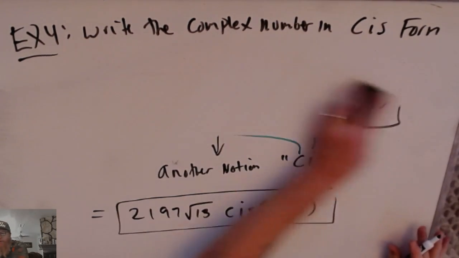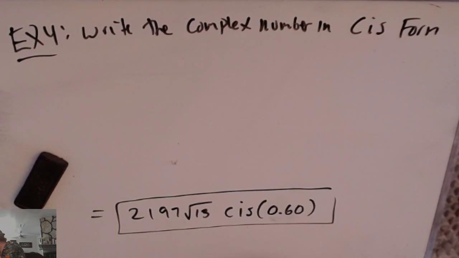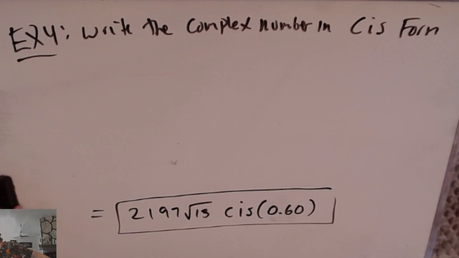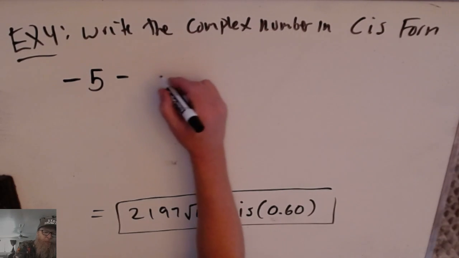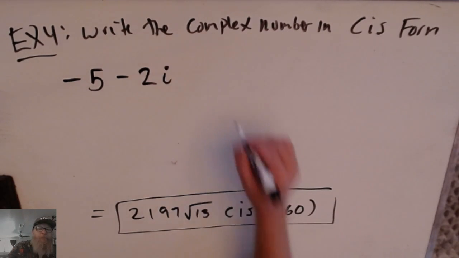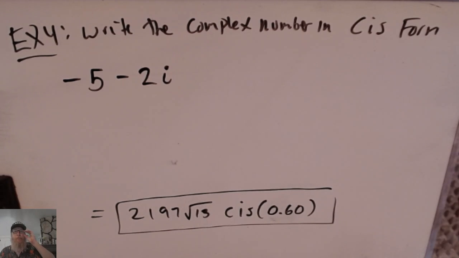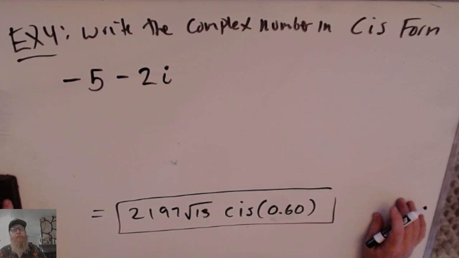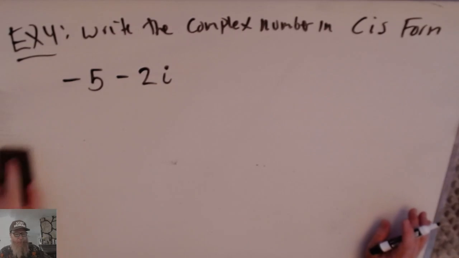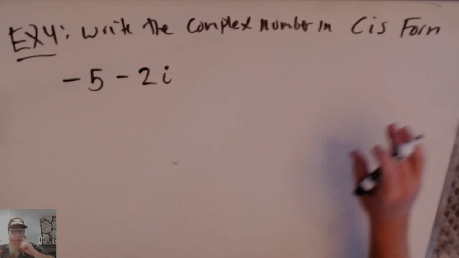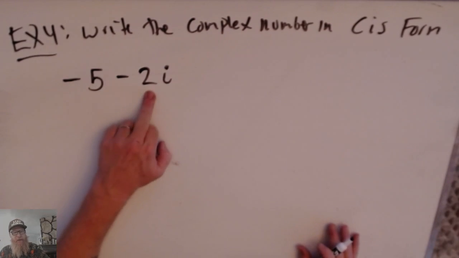So write the following complex number in CIS form. All right. So -5 minus 2i.